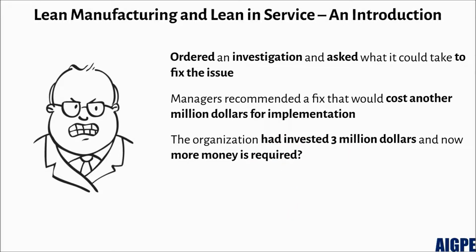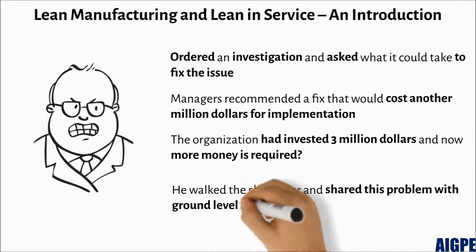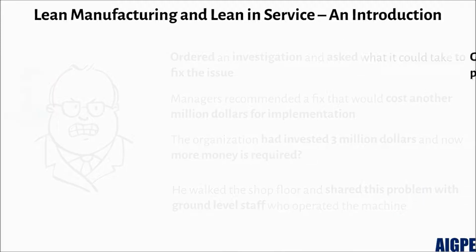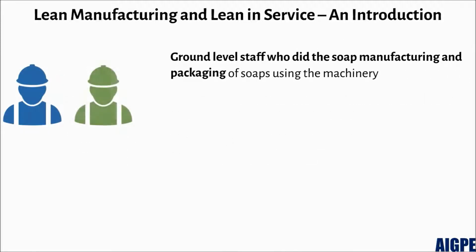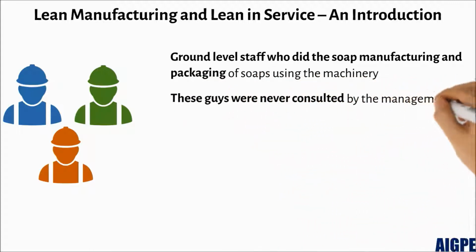As a result, he decided to take a second opinion. He walked the shop floor and shared this problem with those individuals who handled the machinery. This was the ground level staff who did the real job of soap manufacturing and packaging using that machine. These guys were never consulted by the management team before recommending that costly fix.